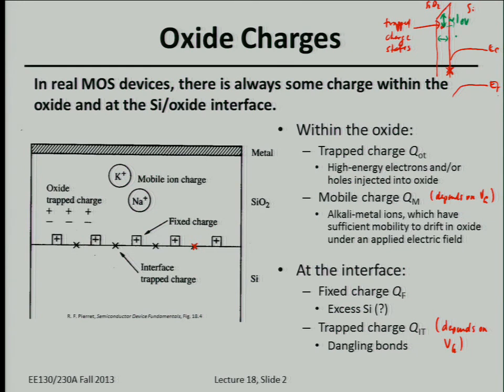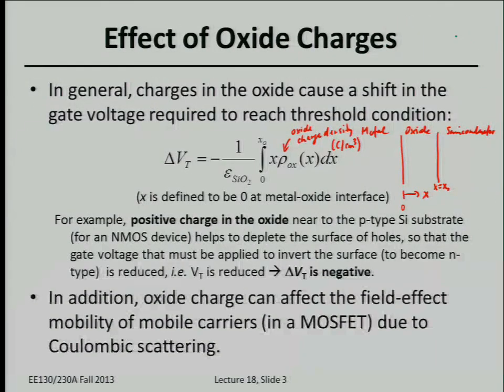Certainly if it's mobile, because over time, if you turn on a transistor by applying a gate voltage, these things will move. And if you look at this equation, it depends on the position of the charge. This equation is kind of weighting, so X increases as you go closer to the semiconductor. The charge density closest to the semiconductor will have more influence on the threshold voltage.